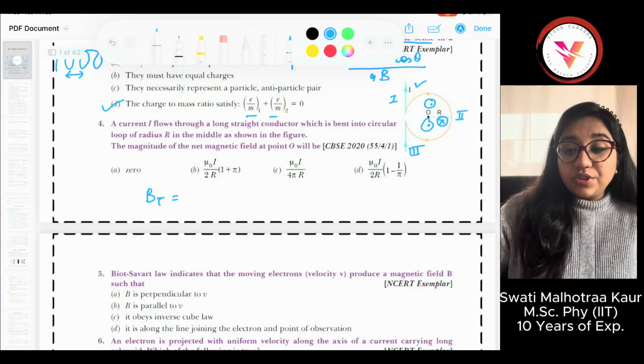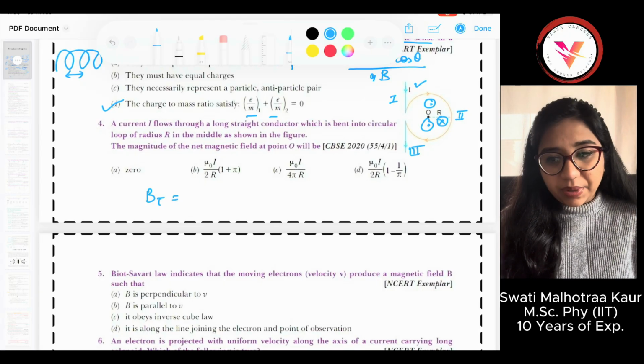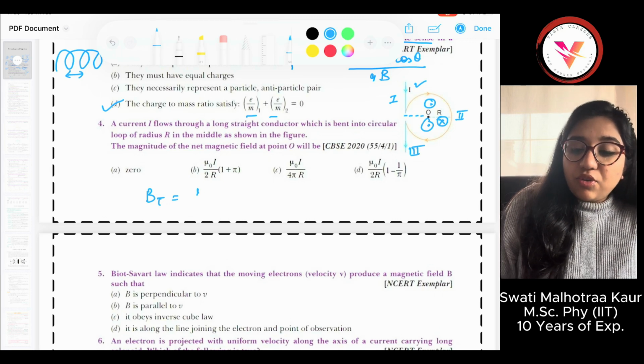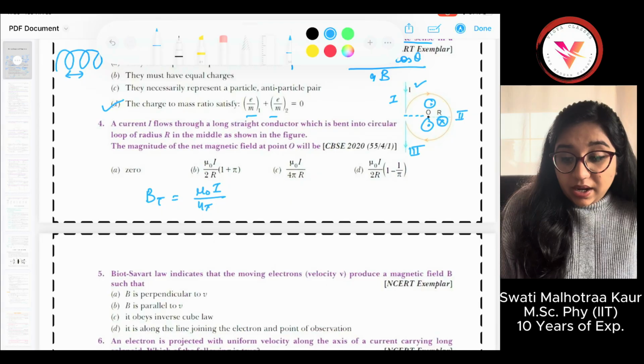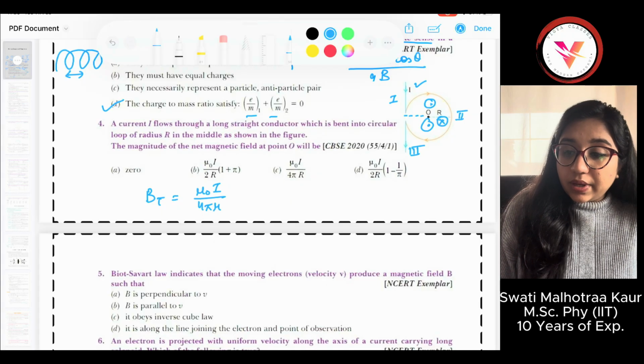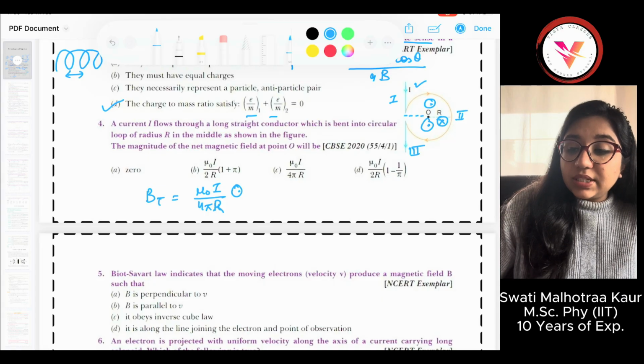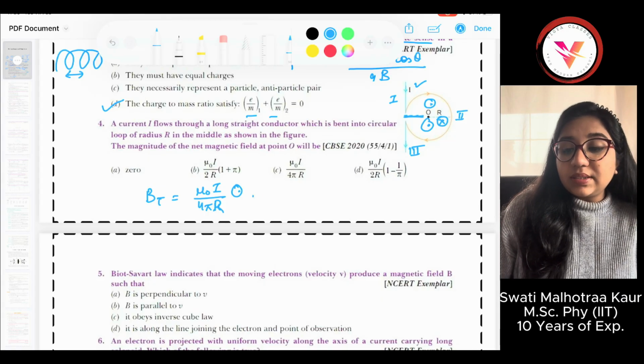For the first wire, let's consider it as a semi-infinite wire. The magnetic field is to be calculated at one of its ends, and the formula is mu naught I over 4 pi R. Okay, and it's outward. And this R is capital R because it is the radius, the distance.